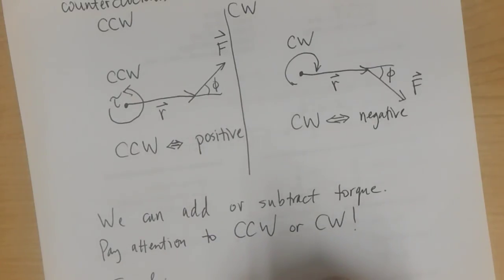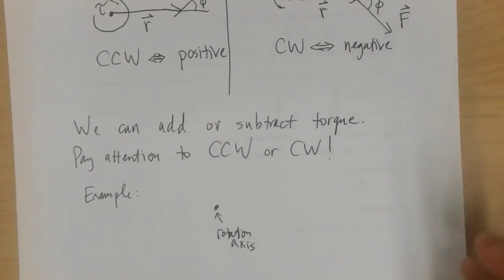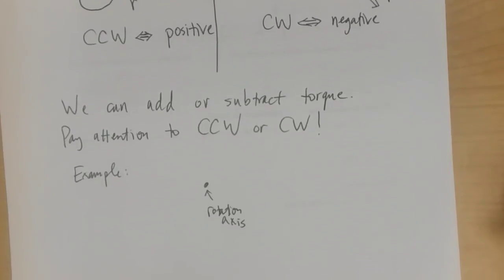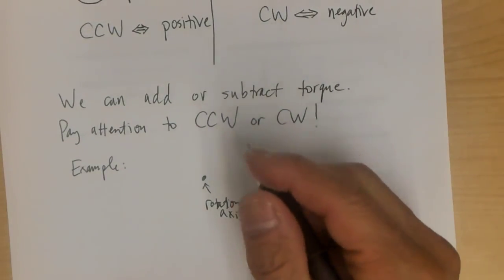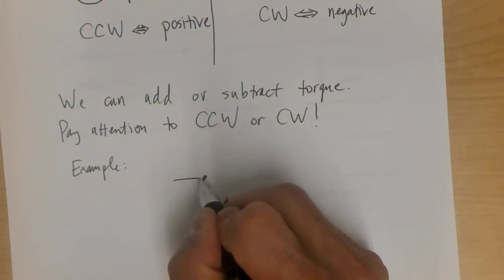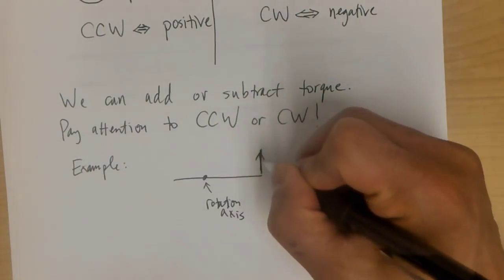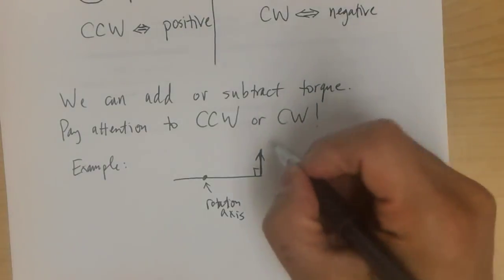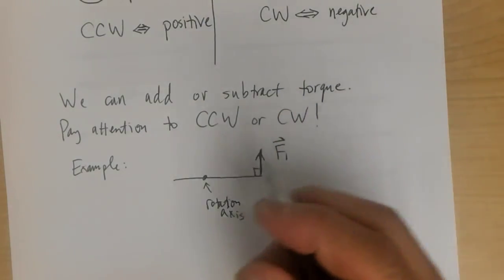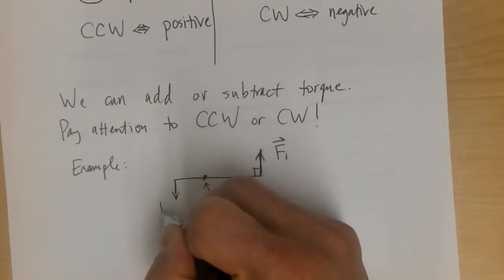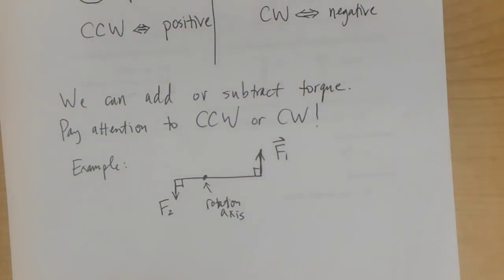Suppose I have here, this is the rotation axis. Sorry, I was off the screen for a moment there. I have a rotation axis here, and let's say I have one force pulling in this direction, say 90 degrees, F1, and I have another force here, F2, pulling this direction.